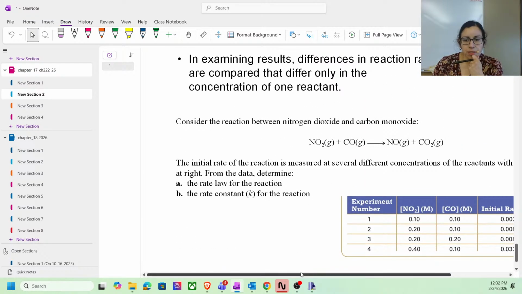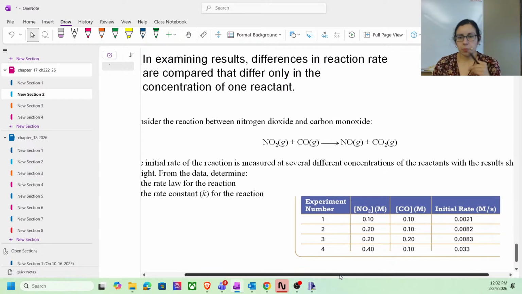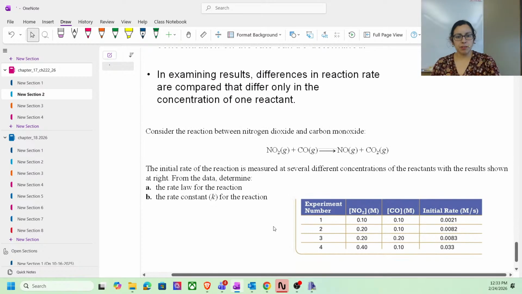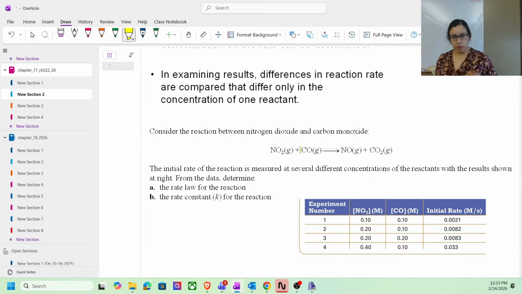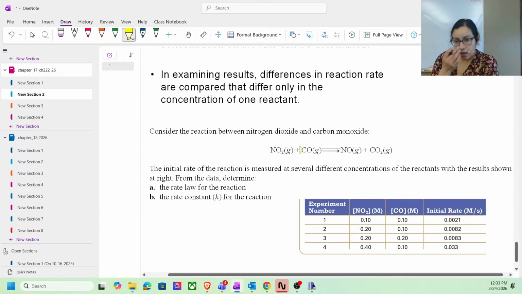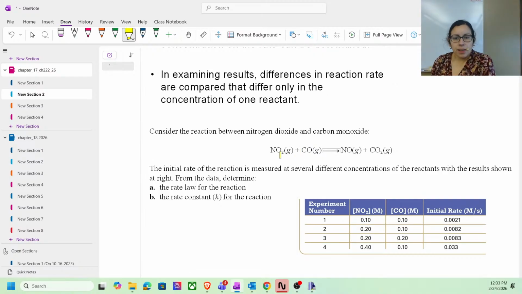Okay, so let's make sure we can do the practice problem together. You'll be doing this in lab too. Look at our data here. We're looking at our reaction of nitrogen dioxide and carbon monoxide. This is another theme of these chapters, all these dimerization reactions.